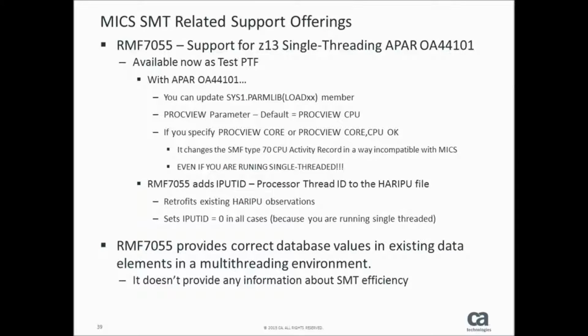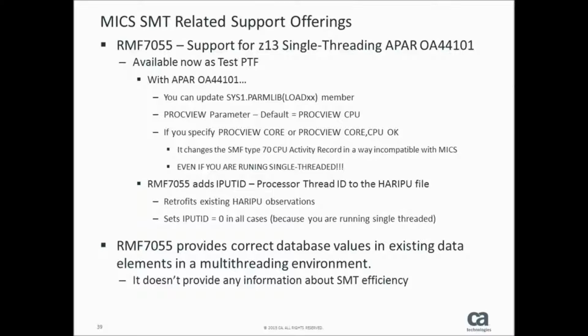The default is CPU. And if you leave the default alone, you apply this APAR, you don't change the PROCVIEW parameter, everything will work the way it always did. I think part of going to multi-threading, you have to change PROCVIEW to CORE or CORE,CPU_OK. When you do this, it tells IBM RMF to change the Type 70 records and put some new sections in there that are in support of multi-threading.